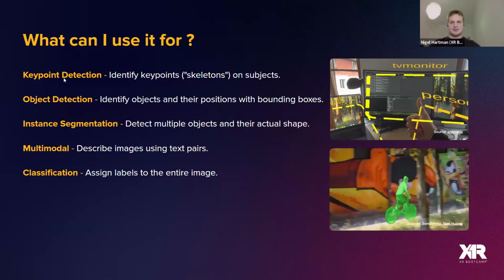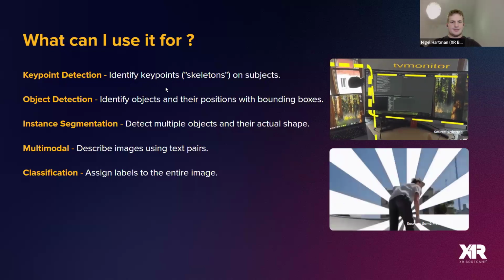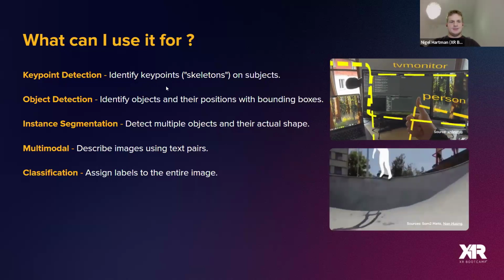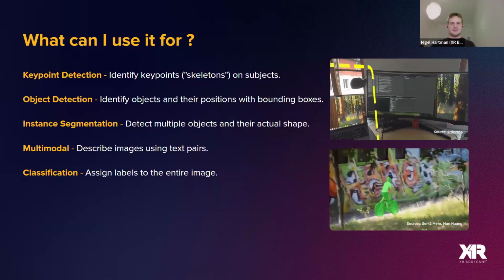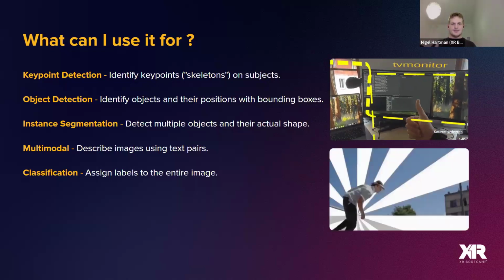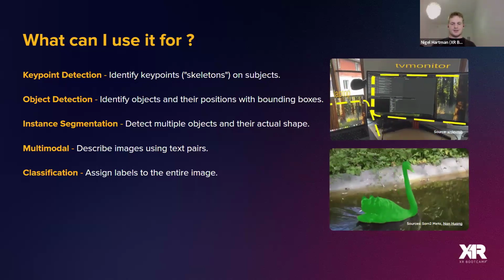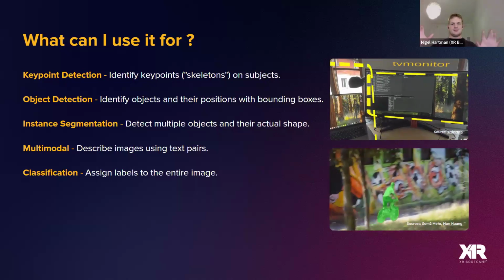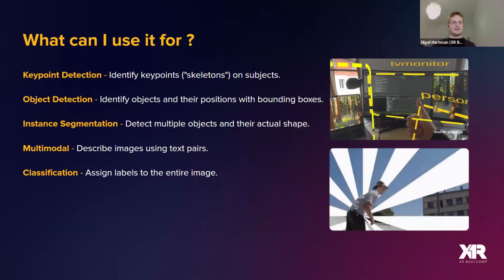It's basically keypoint detection, which means you detect specific points of a body, for example, tracking the hands or the entire positioning of the body.